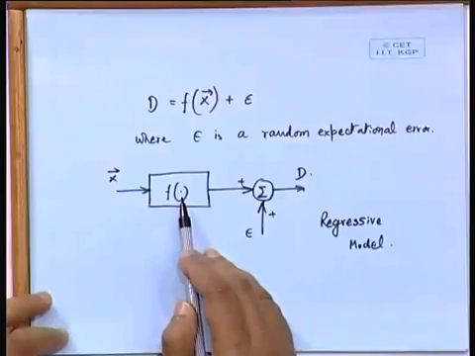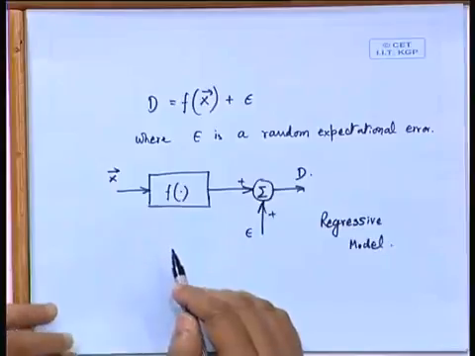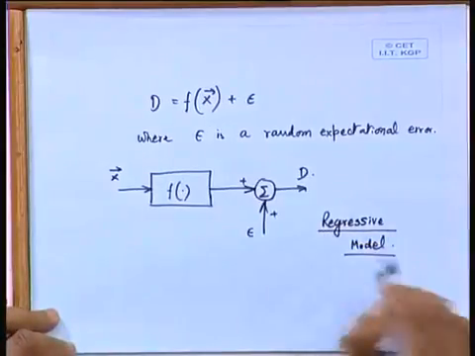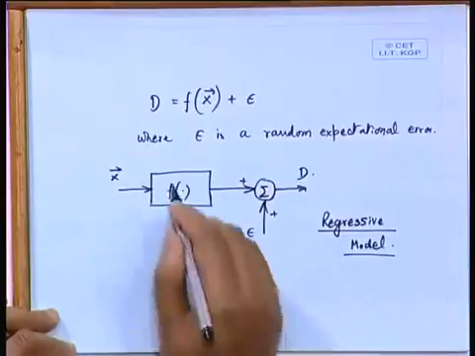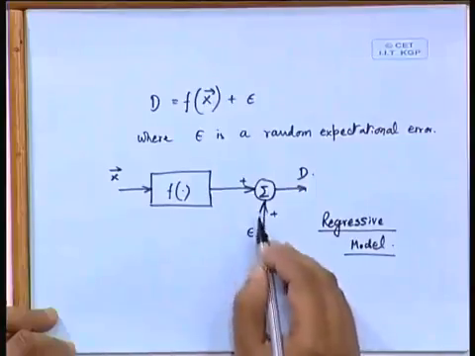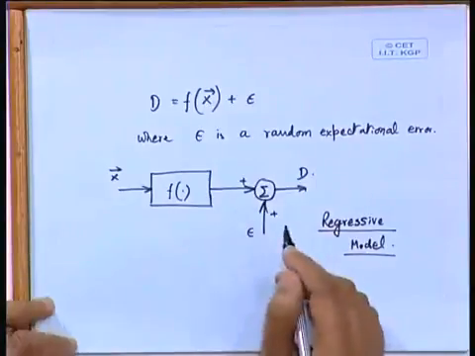Yes, in this case, this f is nothing but the target function. So, this is the mathematical model in the form of a regression. This is definitely the target, and we just have a random expectational error added to it.